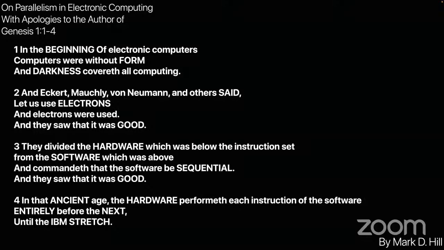Computers are very hardware oriented. So it's all about functions, it's all about the operations that the processor supports. And then they figured out it's probably too difficult for people to use. So they divided the hardware, which was below the instruction set architecture, from the software, which was above. And the command is that the software be sequential, and they saw it was good.